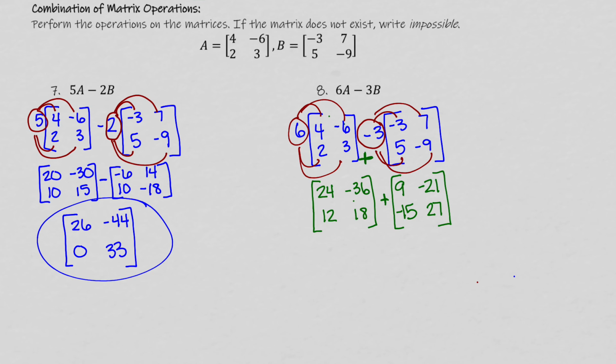So, take corresponding parts, 24 plus 9. We get 33. Negative 36 plus negative 21 is negative 57. 12 plus negative 15 is negative 3. 18 plus 27 is 45.